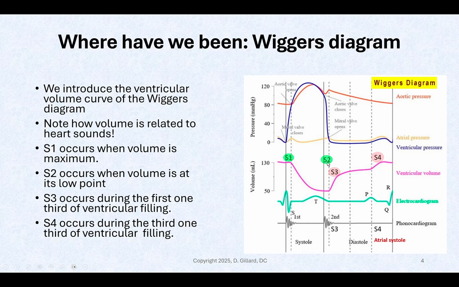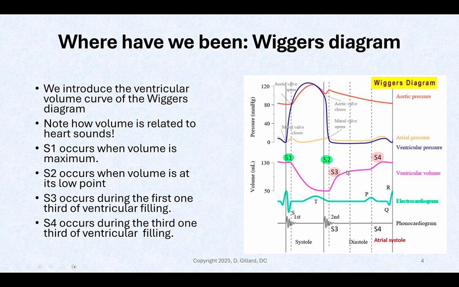And we said down here at the S2 heart sound, basically all the blood is out of the heart, and that corresponds with the start of diastole, and the S1 corresponds with the start of systole. And we said that as the ventricle fills up with blood, it does so in 3 phases, basically 3 thirds.